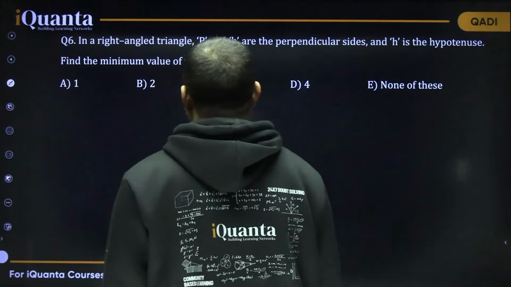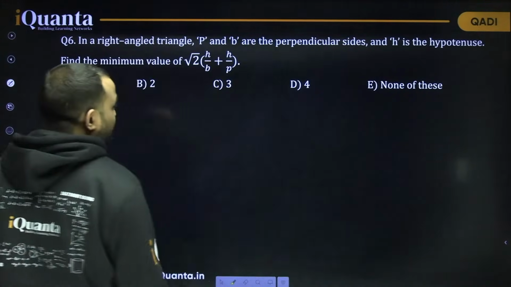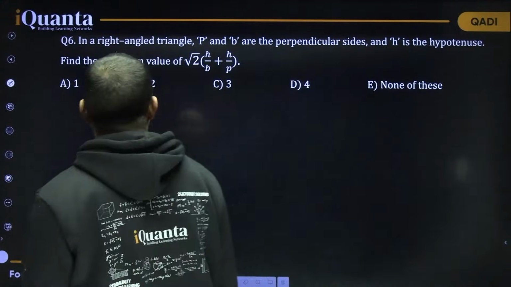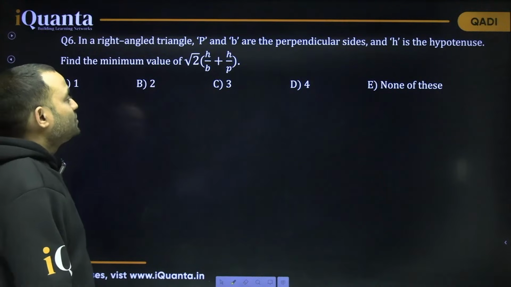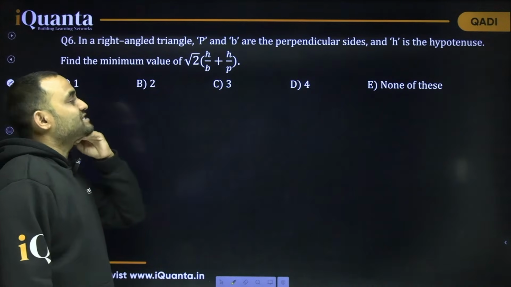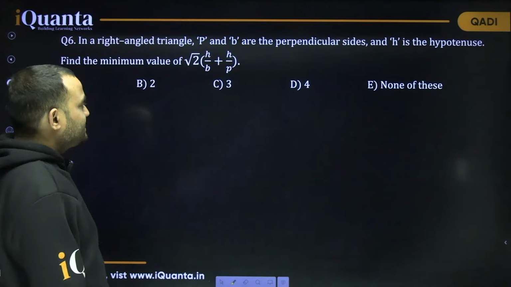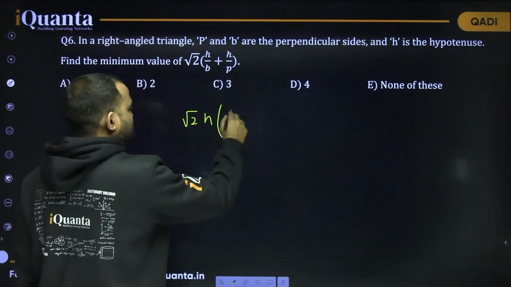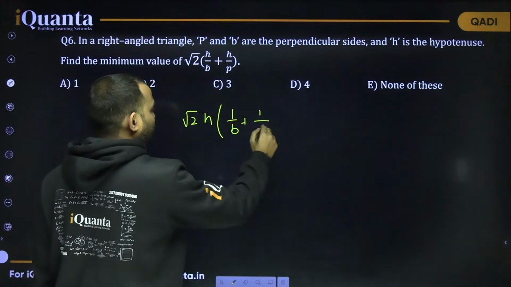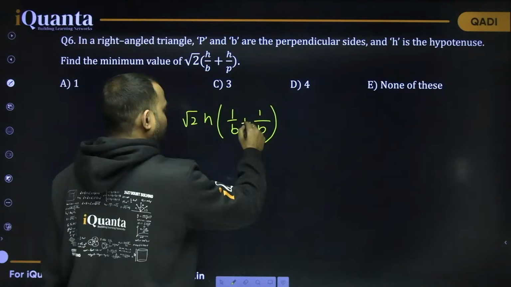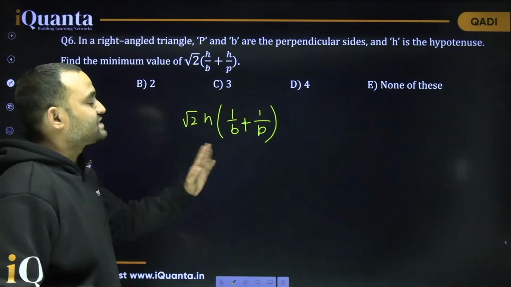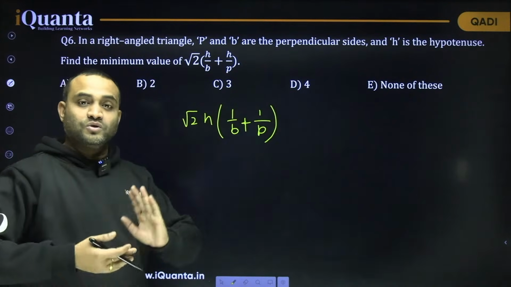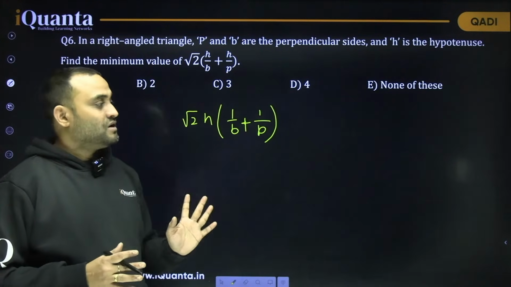In a right angle triangle, P and B are the perpendicular sides and H is the hypotenuse. Find the minimum value of square root of 2 into H upon B plus H upon P. This value, square root of 2 into H times 1 by B plus 1 by P, will be maximum when B is equal to P. Okay, it says find the minimum when B is equal to P, nothing else, है ना?